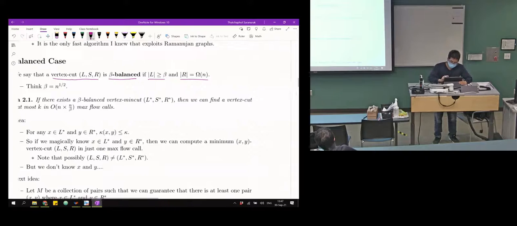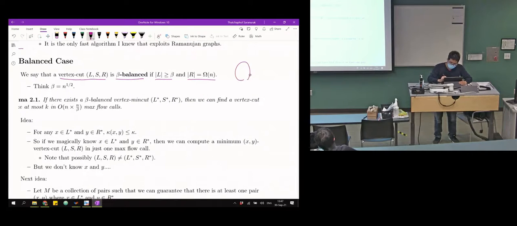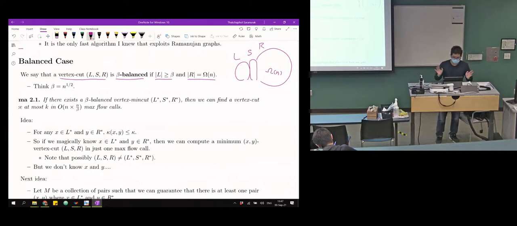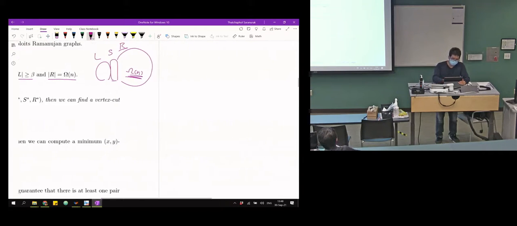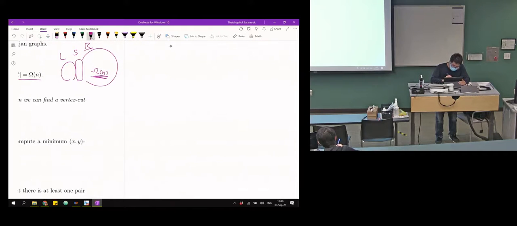And so when I look at the vertex cut, in today's discussion, I always assume that when I say L, S, R, R is not too small, okay. Maybe I should say this first.